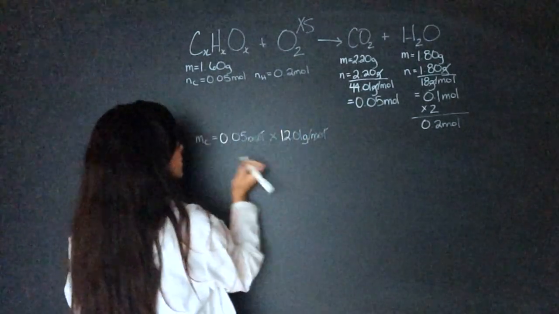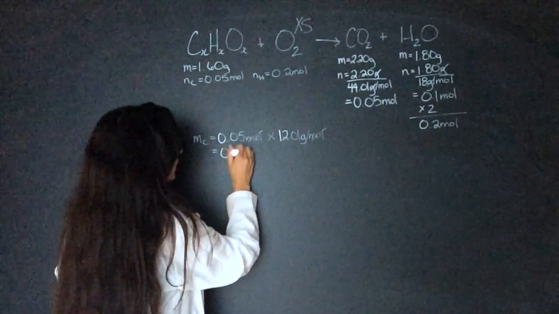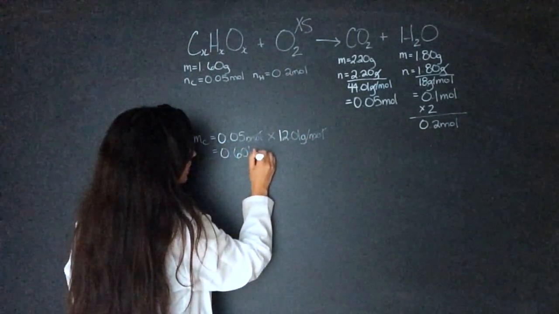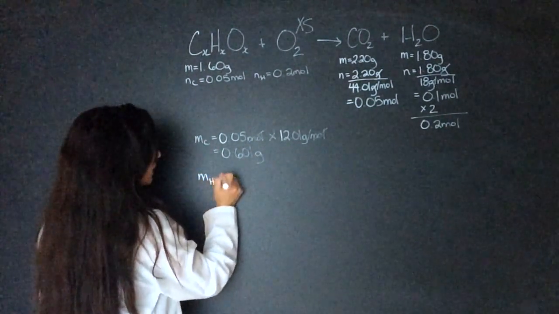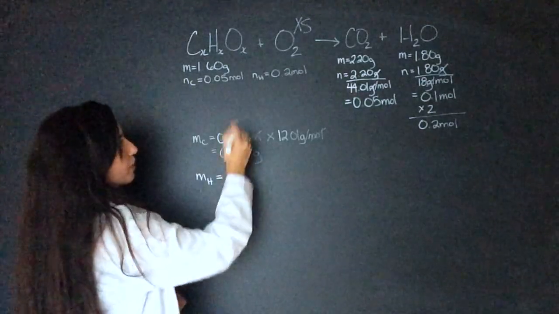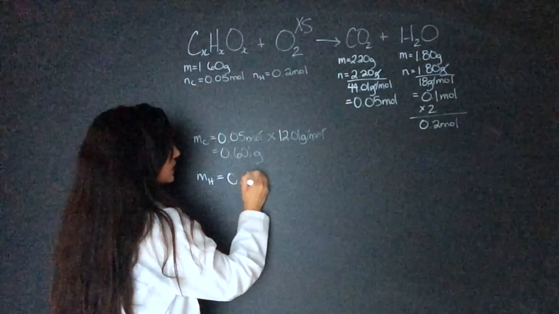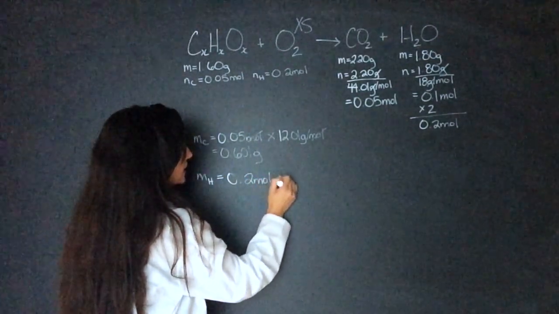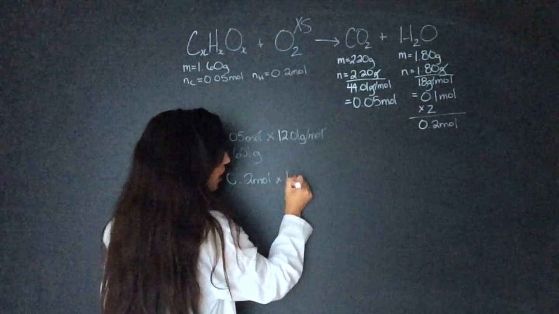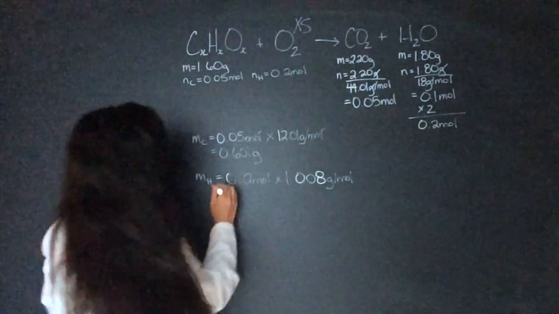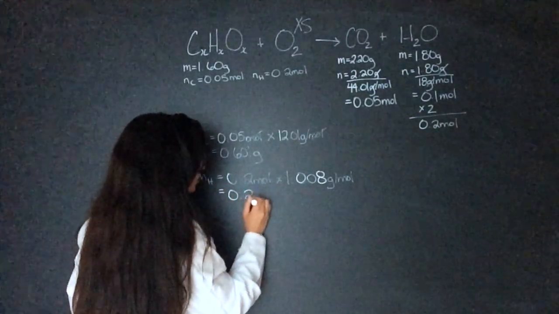Moles cancel out, and I have 0.601 grams. Now, my mass of hydrogen is going to be the moles of hydrogen, 0.2 mole, times the molar mass of hydrogen, which is pretty much 1 gram per mole, and that's going to be 0.2 grams.